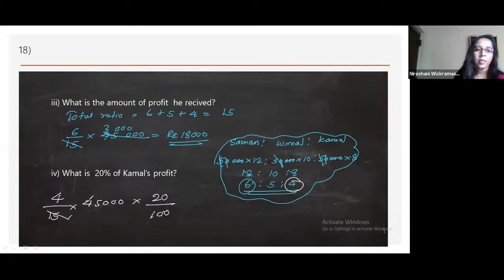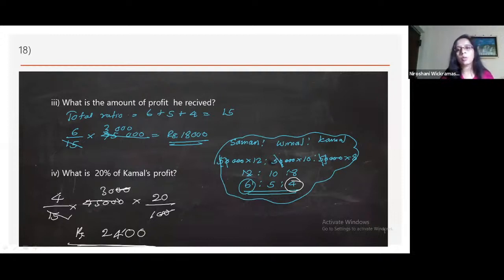Now cancel 3,000, divide, 2 zeros. 30 times 4 is 120, then 4, 200, 2,400 rupees. 20% of Kamal's profit is 2,400 rupees.